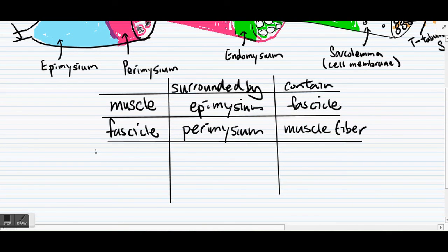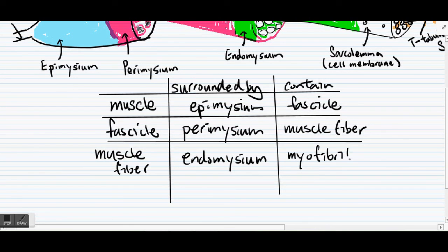And if we continue to go deeper, a muscle fiber is going to be surrounded by the endomysium, and a muscle fiber is going to contain these unique organelles called myofibrils. And with myofibrils, we are within the cell right now.